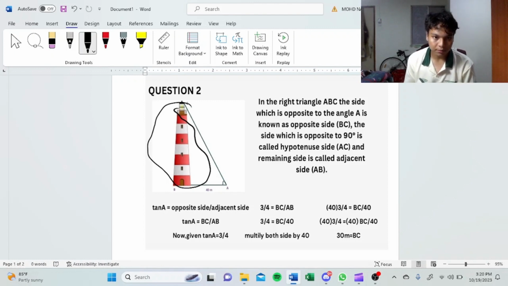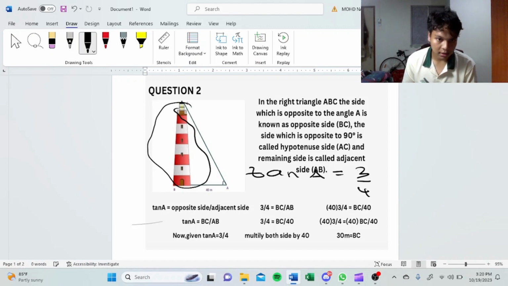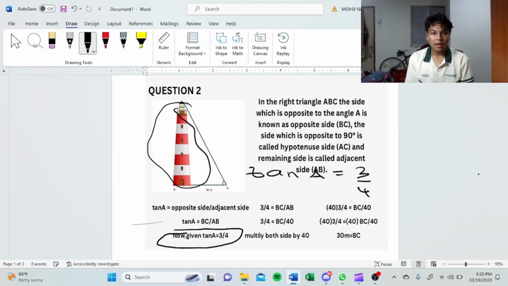To calculate it, we just use tan, because the question already gives us tan A equals 3/4, like this. And the question also gives the length of AB, which is 40 meters.